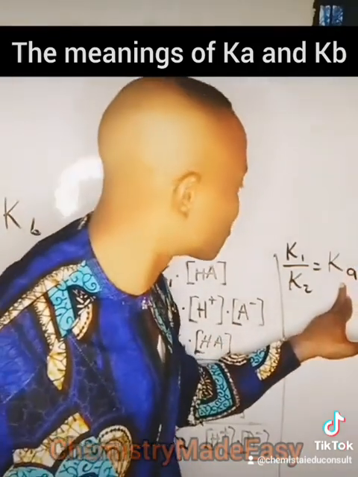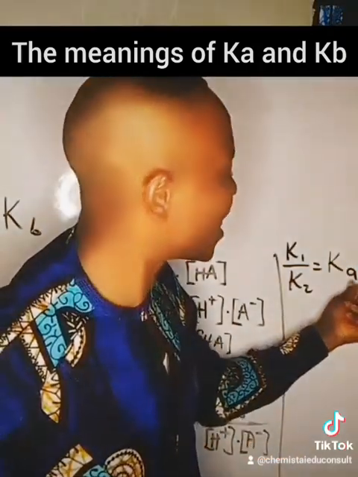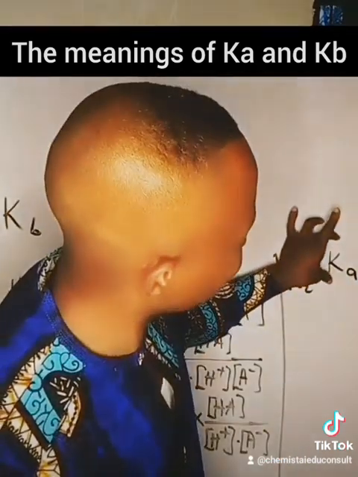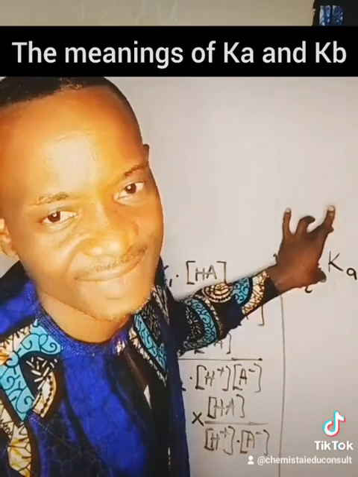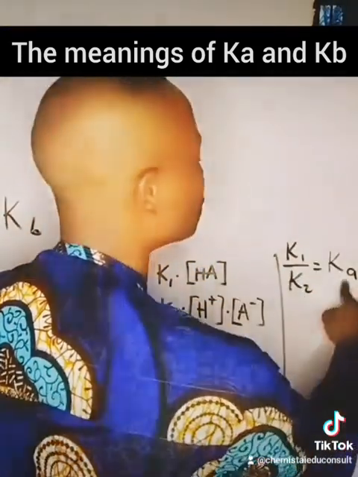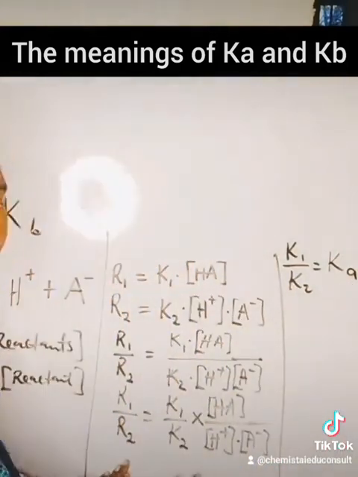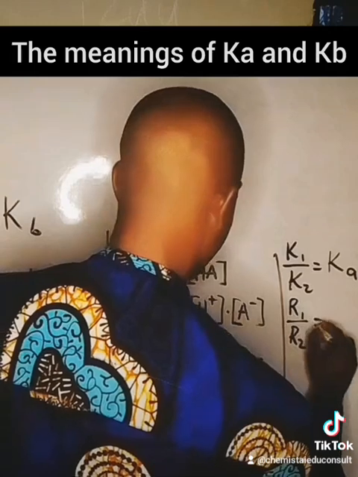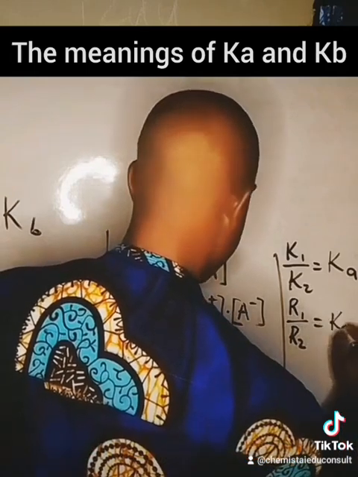This is the equilibrium constant of acid dissociation, or you can say this is acid dissociation constant. Now let us replace K1 over K2 with Ka in this equation. R1 over R2 equals Ka times this.